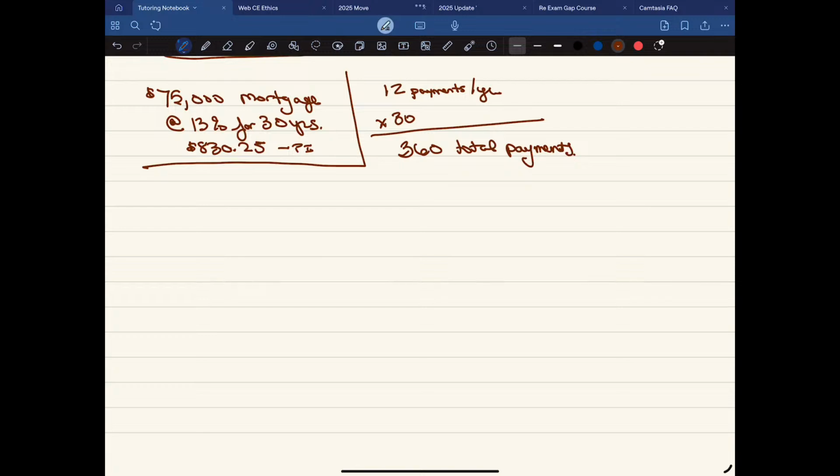And since I know my payment is 830.25, I would know how much I end up paying if I make all 360 payments.